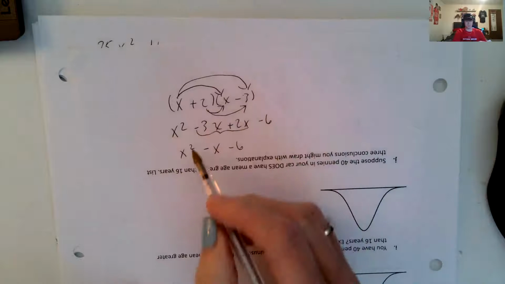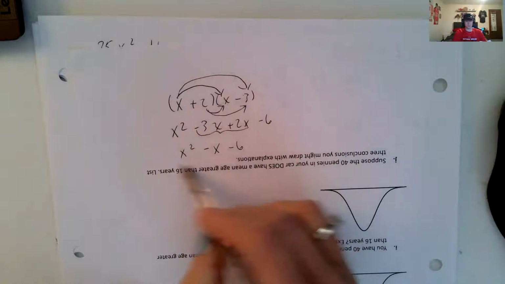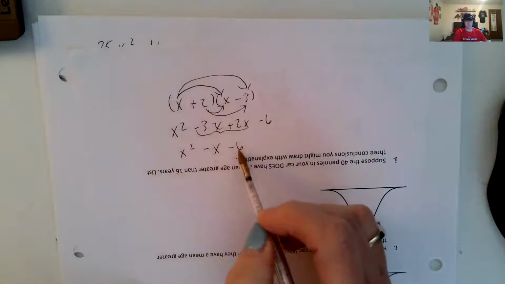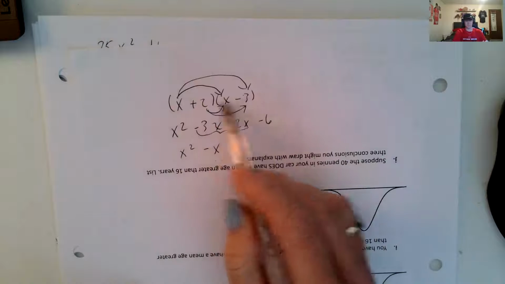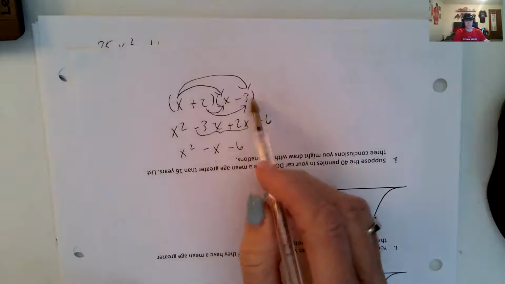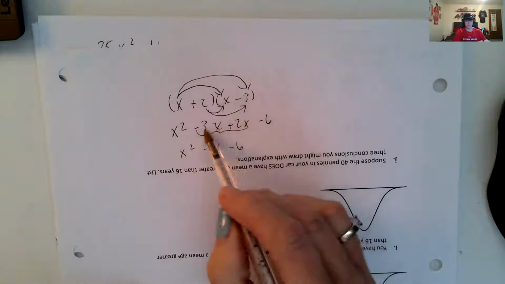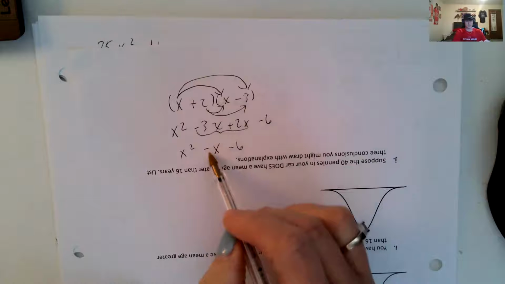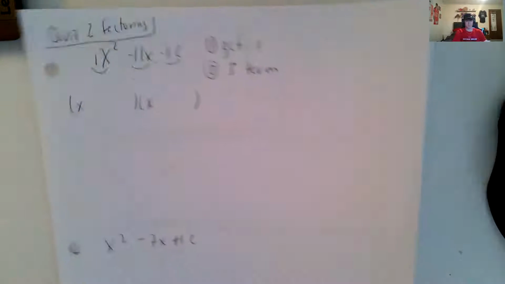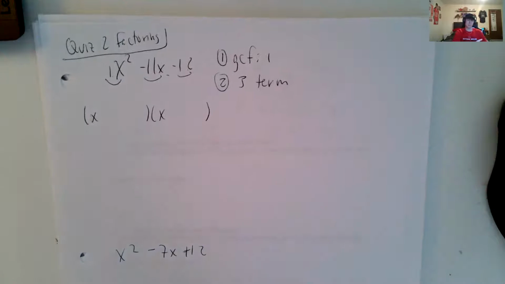So the idea is that when we're factoring, we're looking at the thing we're starting with, and we're looking for things that multiply to make a negative 6. It happened to be 2 and negative 3. At the same time, those 2 values add to make the number in the middle term. And so that's what we're doing back on this one.